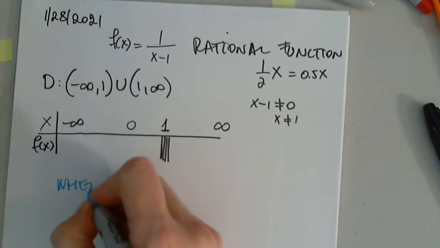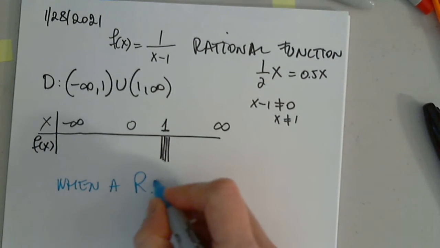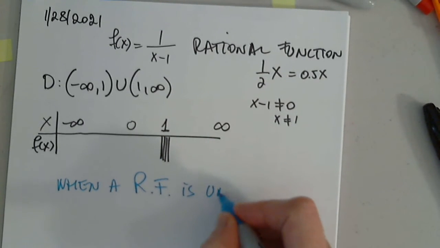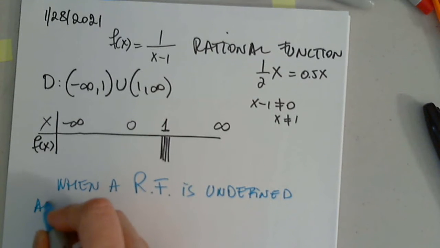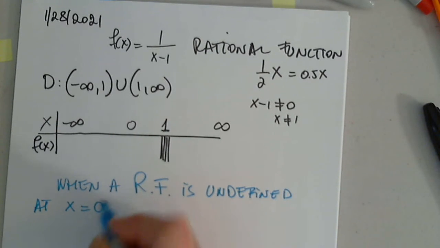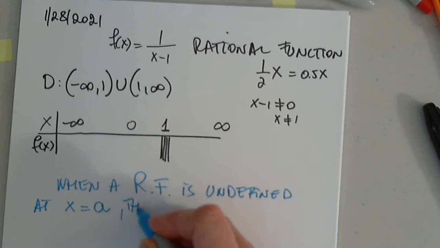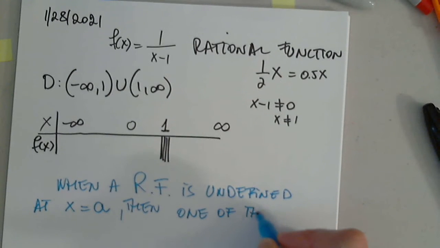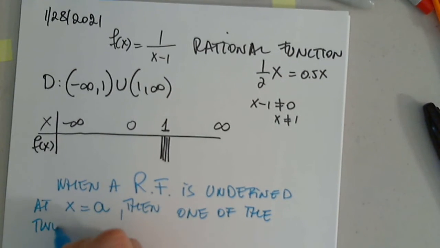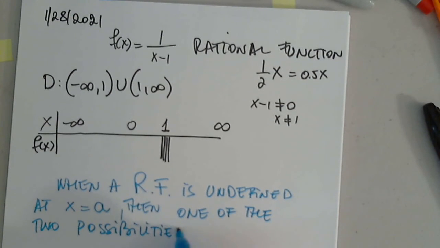When a rational function is undefined at x equals a number, any number, then one of the two possibilities will be encountered.